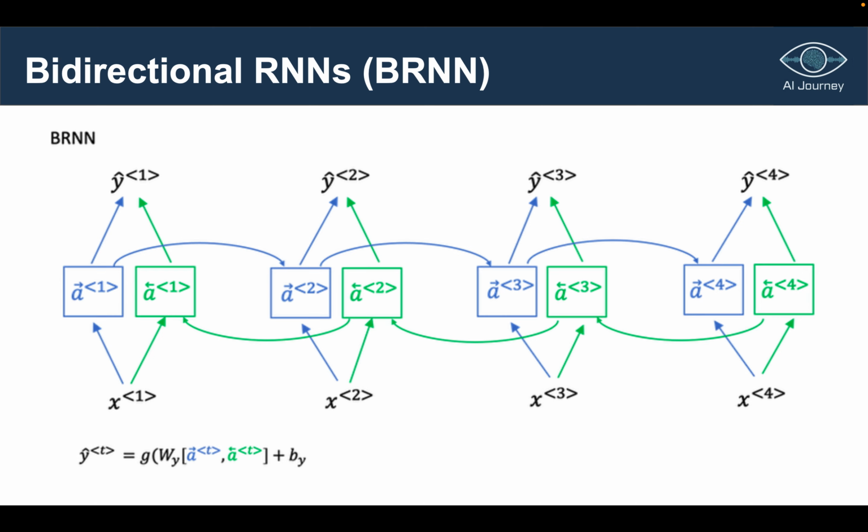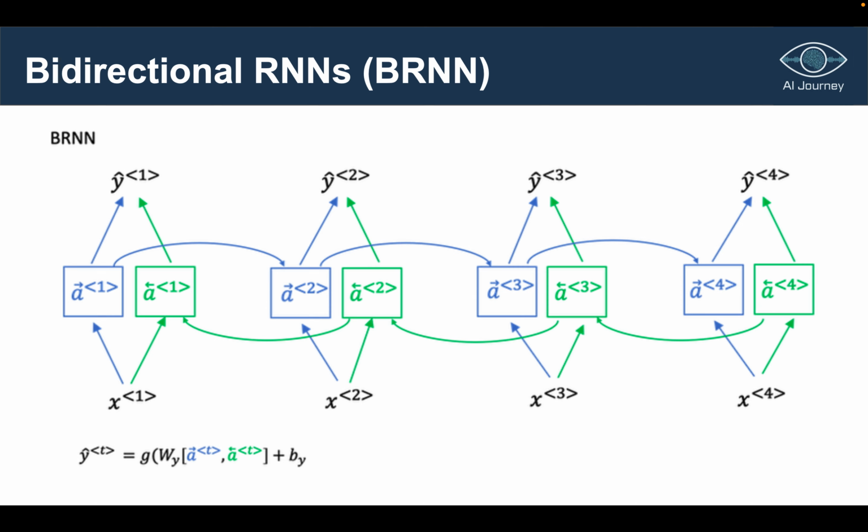So what we do is we make our first pass as usual, computing a1, a2, a3, a4, and then we make a reversed pass, computing a4, a3, a2, a1 again, but from right to left. So the first pass is from left to right, and the second pass is from right to left, and then we get 2 activations, one that's coming from the future and one that's coming from the past.